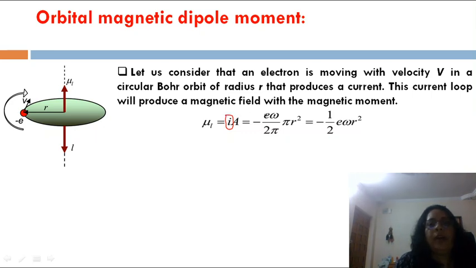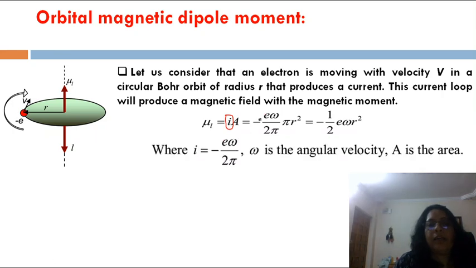The current is e omega by twice pi, where omega is the angular velocity. And A is the cross section area of the loop. If we consider R as the radius, because this path has a radius R, the cross section area of the circular path is pi r square.